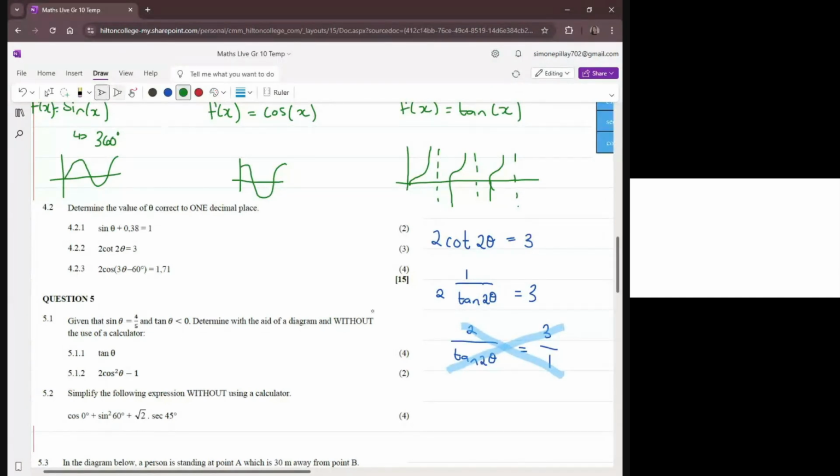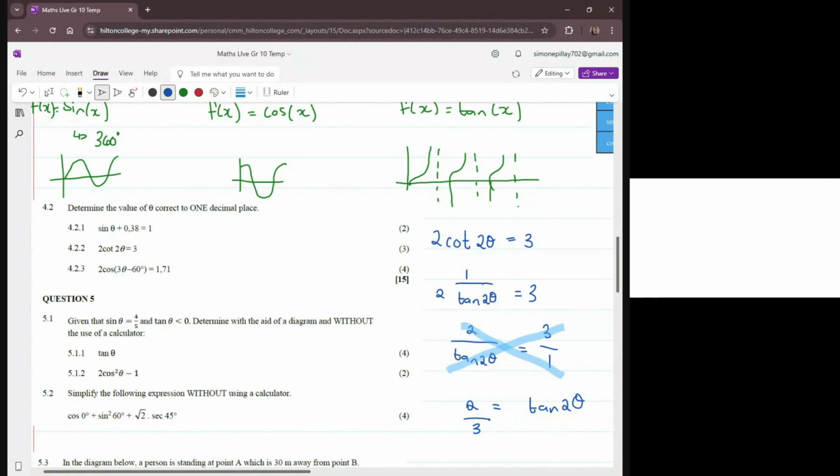So we now have 2 times 1, which is 2, equals 3 tan 2 theta. Remember, I want to get my ratio by itself. I'm dividing by 3 on both sides. So I basically get 2 over 3 equals tan 2 theta.